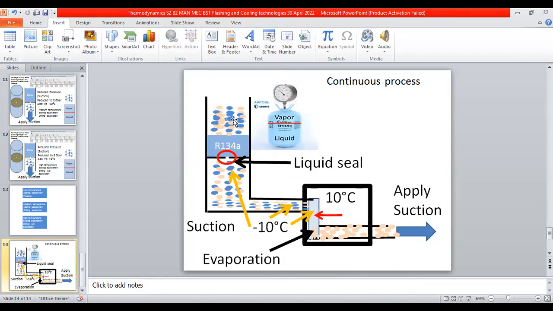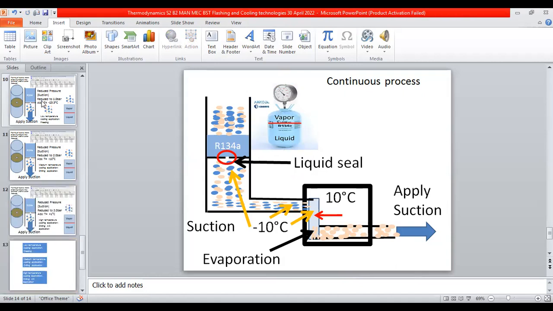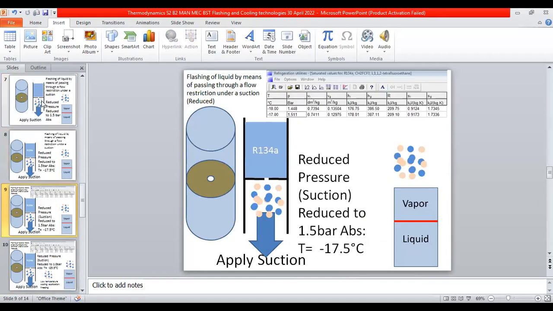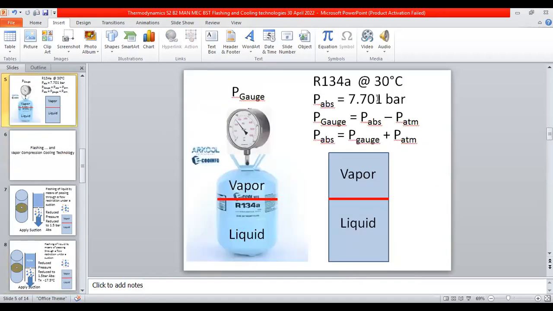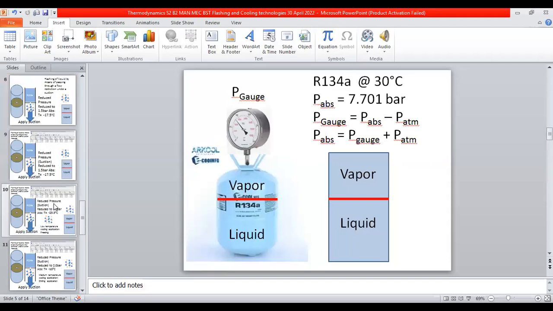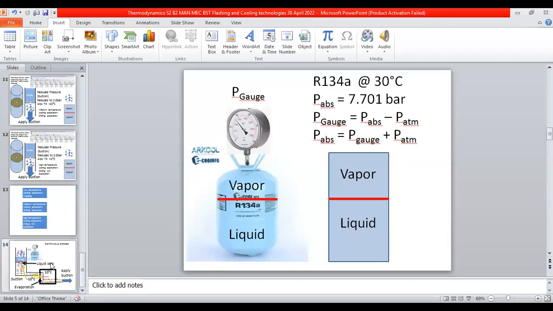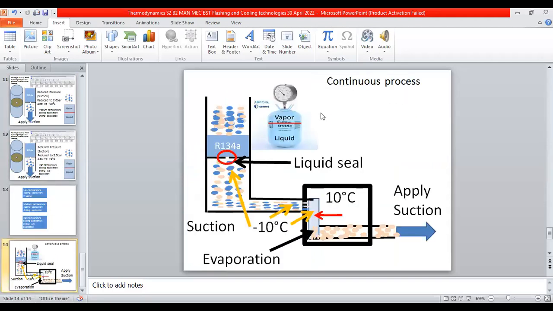Let's say this can be 30 degrees Celsius vapor liquid. The pressure here, 7 bar. I need that only. 7 bar pressure.